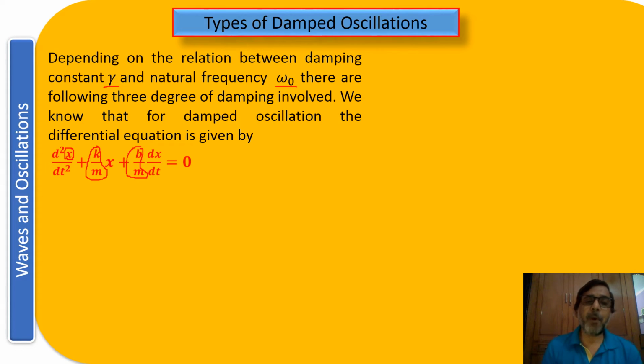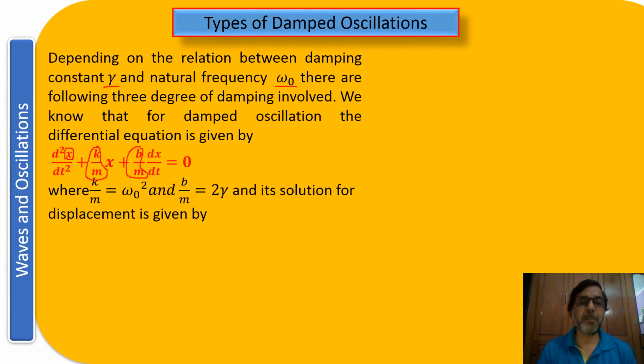So b by m is equal to 2 gamma, and k by m is omega naught square. Depending upon the relation between omega naught, the natural frequency, and gamma, for the damping medium, since mass is always constant, the solution we got was x equal to a e power minus gamma t sine of omega t plus phi, where gamma is equal to b by 2m.